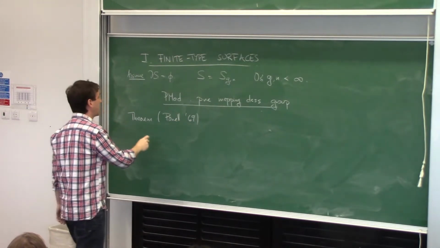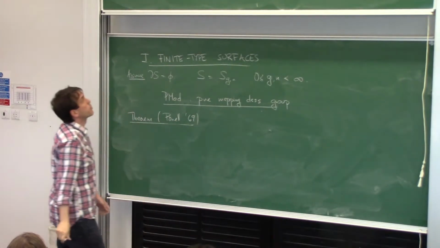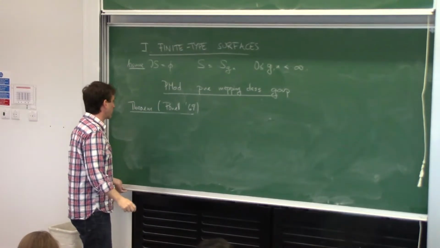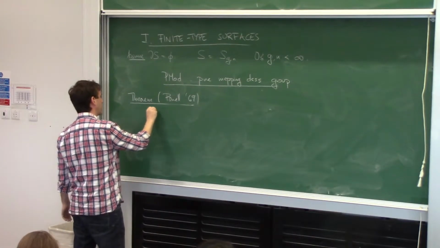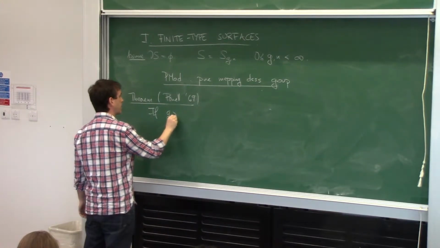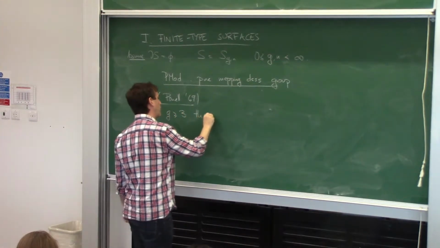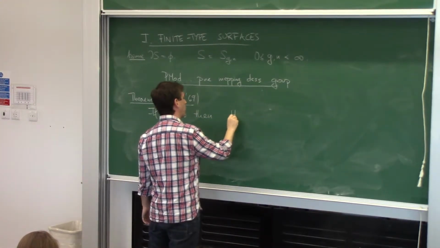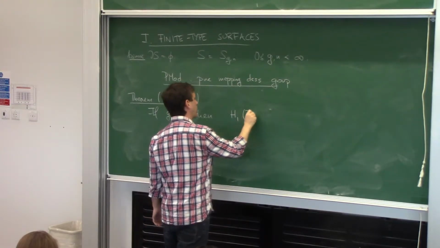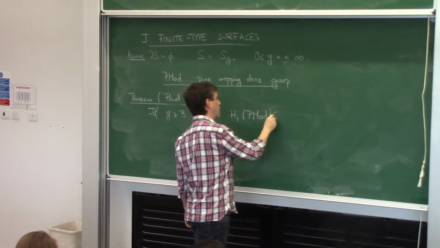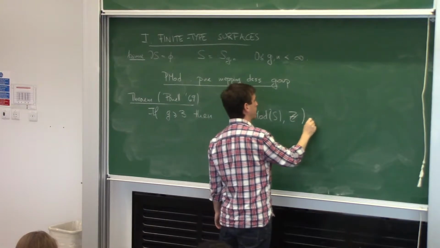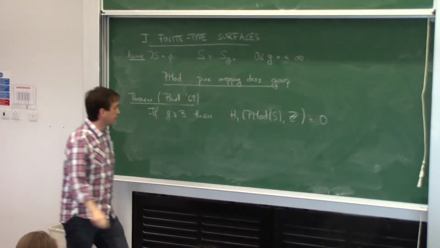Not only is the first cohomology group trivial, but the first homology group is trivial. If the genus of the surface is at least 3, then H1(PMod(S)) is trivial. So PMod(S) is a perfect group.